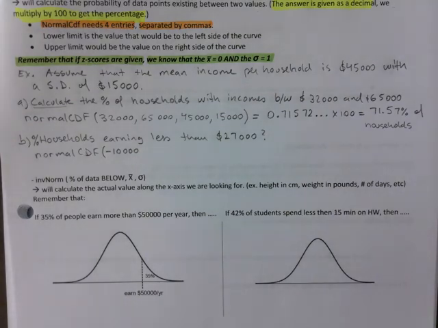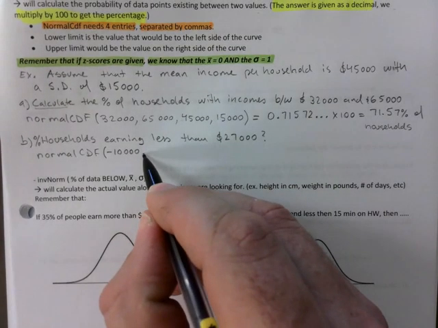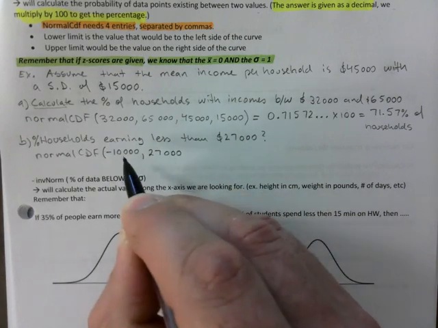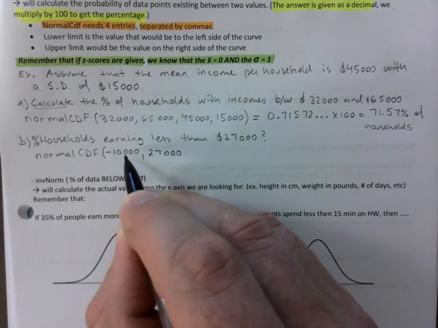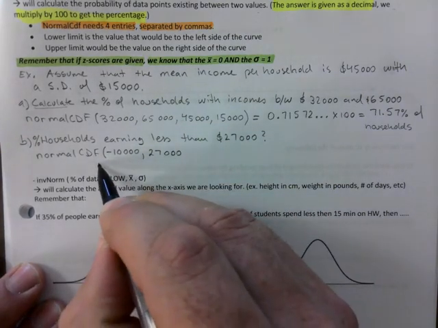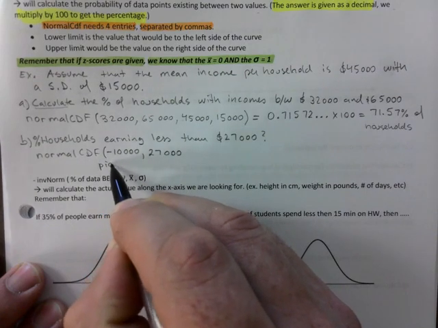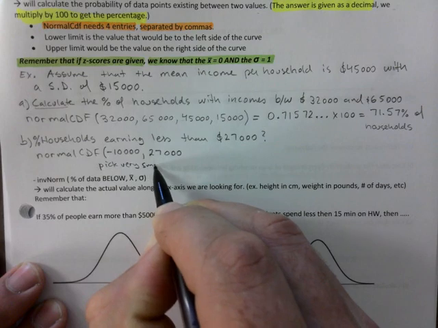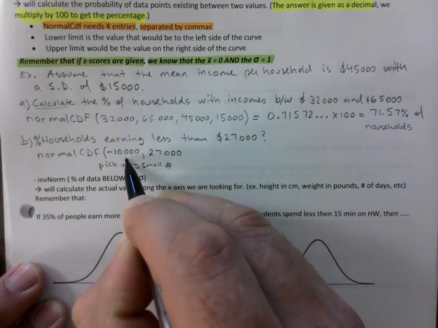Even more overkill. But you're really saying I want everything as far left as possible, all the way up to 27,000. But you need to have a lower limit, okay? Very small numbers. So just pick a very small number for this one.